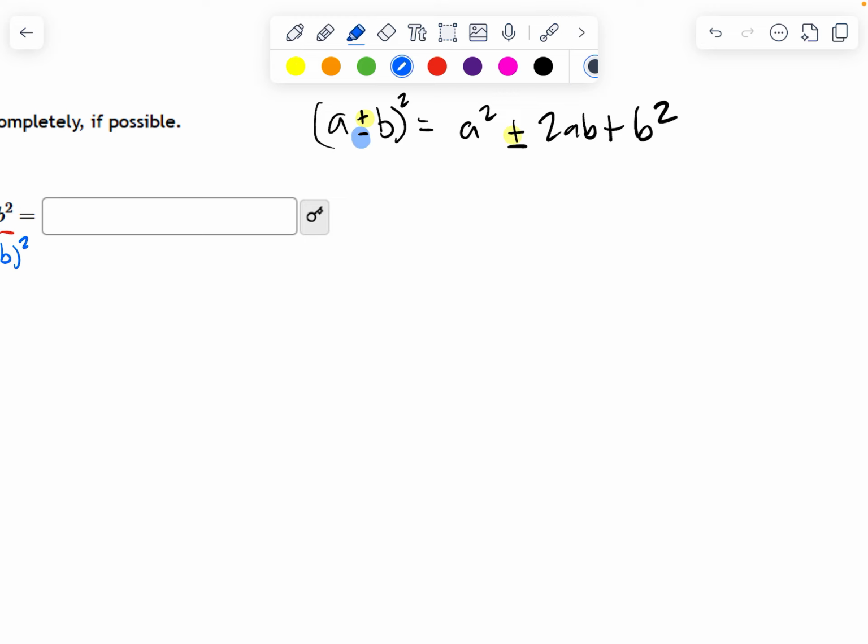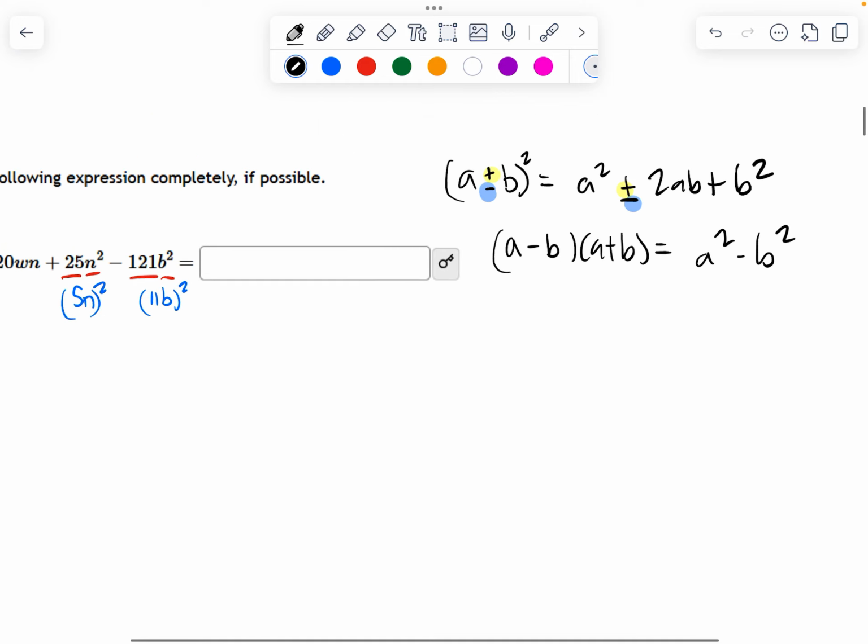If it's a minus, it'll be a minus, nothing too crazy. And then our other perfect square identity is going to deal with our difference of squares, right? If you have a minus b and a plus b multiplied, it's called a difference of squares there. That's going to be your a squared minus b squared.